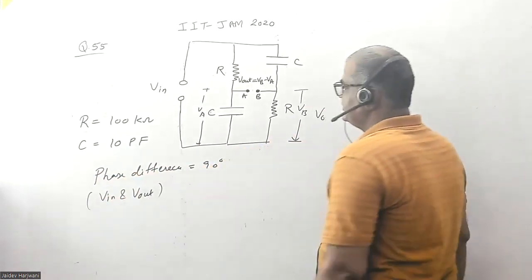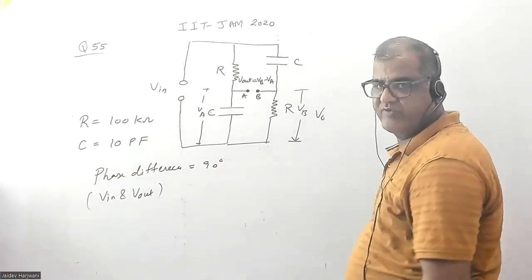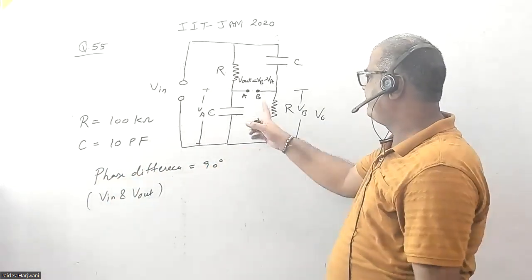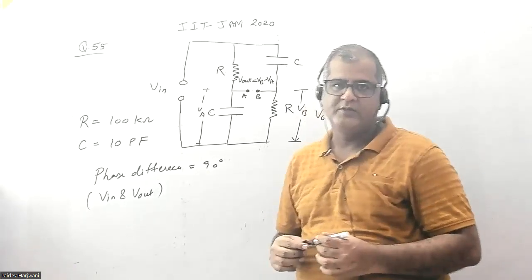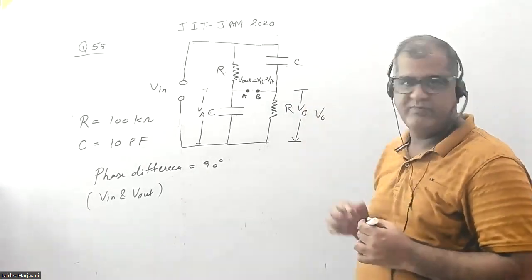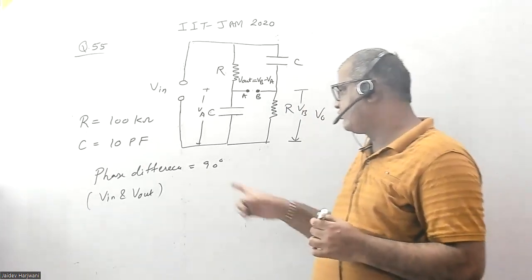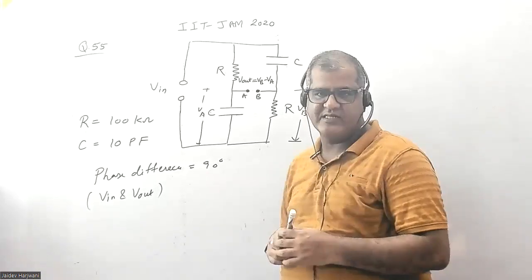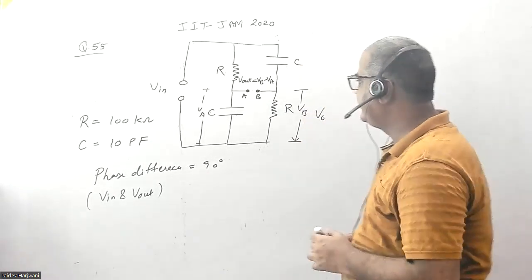Now they're asking what is the frequency at which this phase difference is 90 degree? So basically you need to calculate the phase difference between V output and V input, and then equate it to this phase difference, and that will give you the particular frequency at which this is 90 degree.